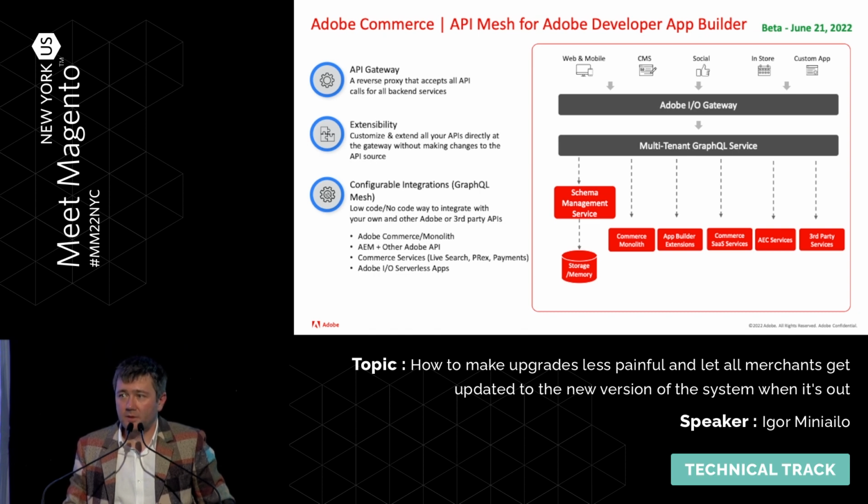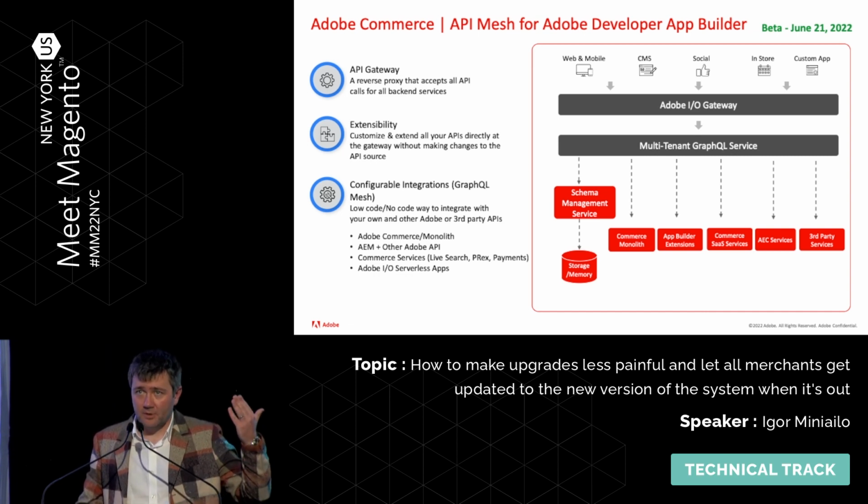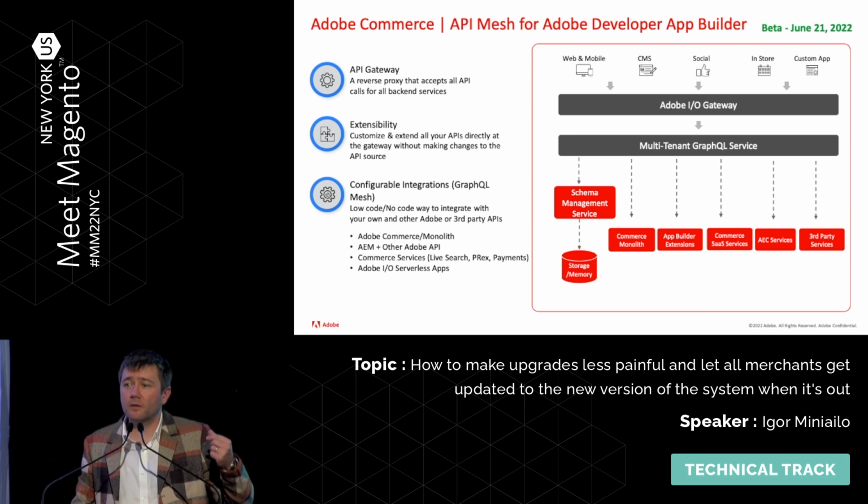You may want to retrieve the data for the product detail page, but data from the product detail page may be provided by an inventory management system, specifically inventory availability or stock availability status, by a CPQ system, specifically pricing of this product, and all other catalog data, which might be provided either by Adobe Commerce or by an external PIM and so forth. So your storefront solution, your front end, still makes only one GraphQL query.